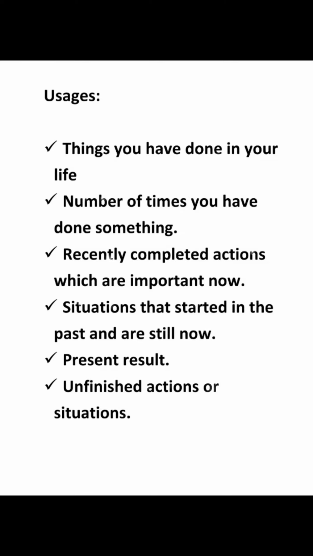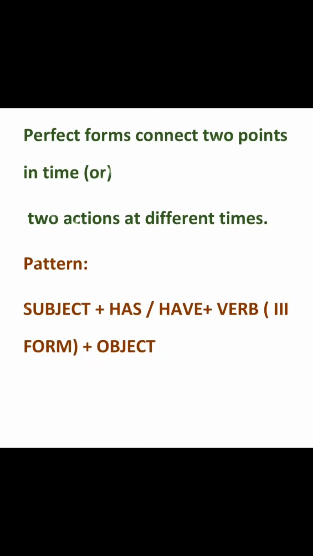Unfinished actions or situations. Next we see present perfect forms connect two points in time, or two actions at different times, and its pattern is subject plus has or have plus verb third form plus object.